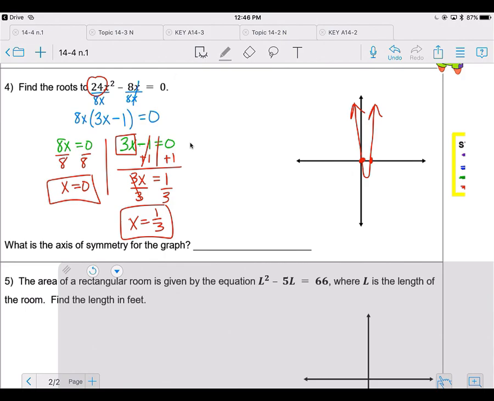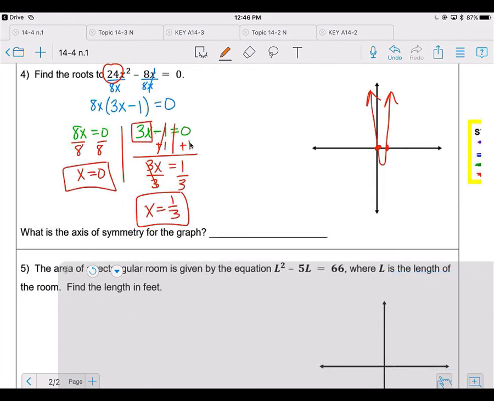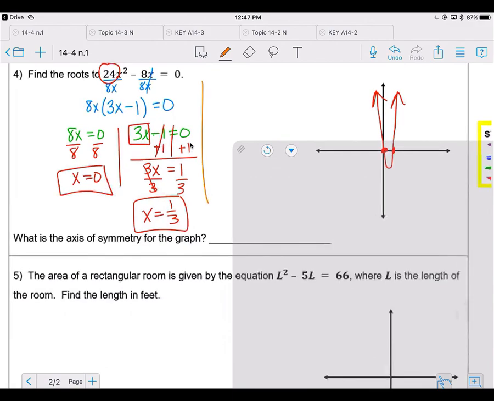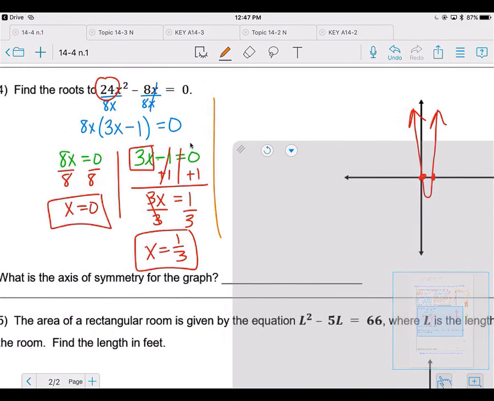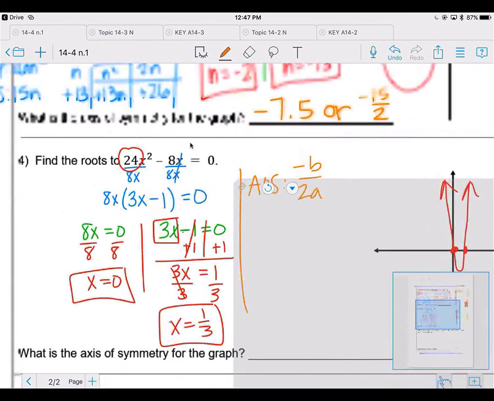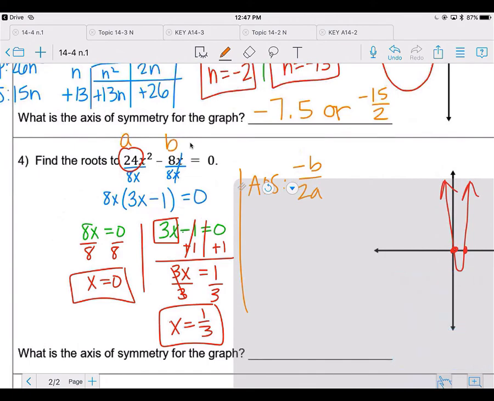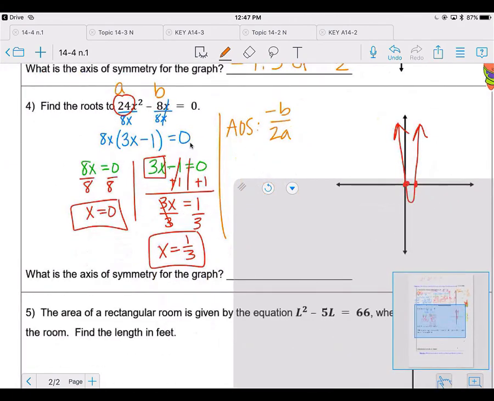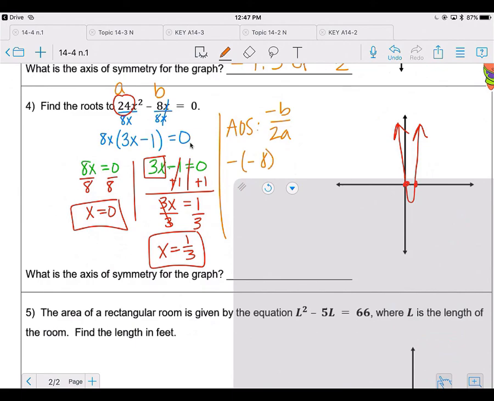And then they ask me for the axis of symmetry. Now the axis of symmetry, here, I can't really count ticks because you'd have to think about what is halfway between 0 and 1/3. And not a lot of us are good at doing fractions in our head. So what you can do instead is use your formula, negative b over 2a. So in my original, I have a and b. So negative b over 2a.